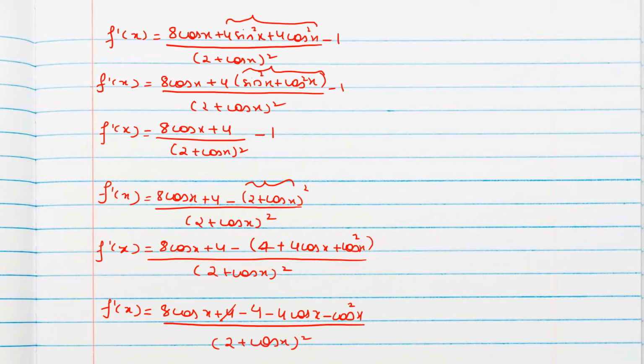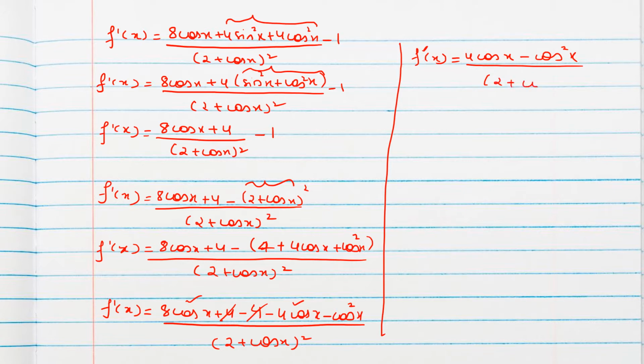Plus 4 minus 4 will cancel, and 8 cos x and 4 cos x we can subtract, so 4 cos x will remain, and minus cos square x, over (2 + cos x) whole square. Cos x also we can take common: cos x times (4 minus cos x) divided by (2 + cos x) whole square.